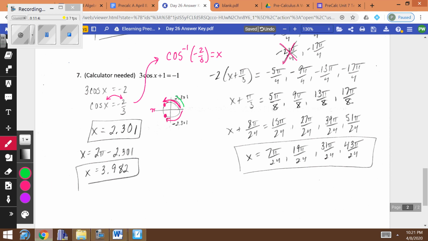Again, all the way around is 2 pi. And so we really want the positive angle right here. So if I look at this part right here, the remaining part is this 2.301 here. So we're going to do 2 pi minus that 2.301 to get our last answer.